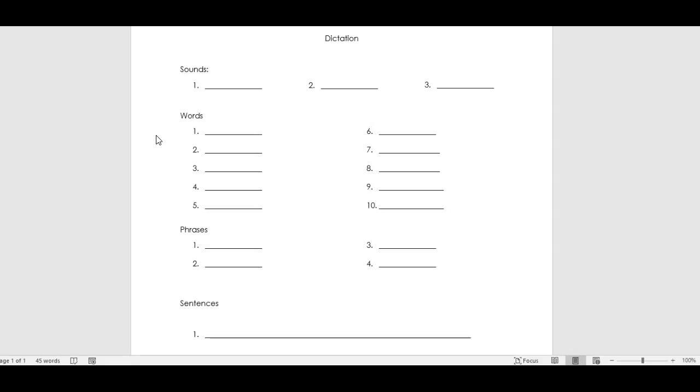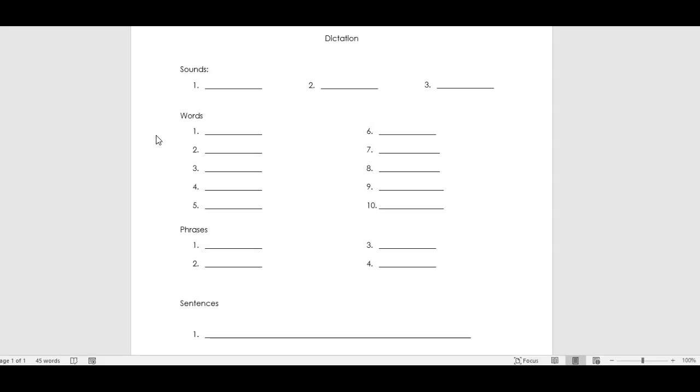All right, we're moving on to phrases. Phrase number 1, say push in front. Write push in front. Number 2, say handbag often full. Write handbag often full for number 2.